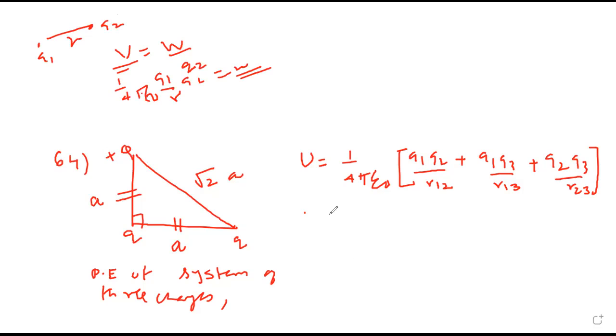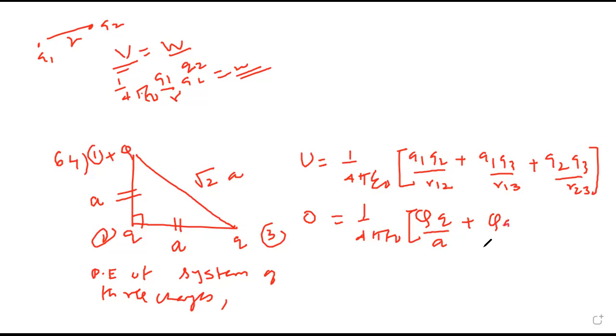But they are saying this should be 0. 1 upon 4 pi epsilon naught. If I call this the first charge, this the second charge, this the third charge, then q1 q2 is Qq and distance is a. q1 q3 is again Qq and distance is root 2 a. q2 q3 is small qq, distance is a.